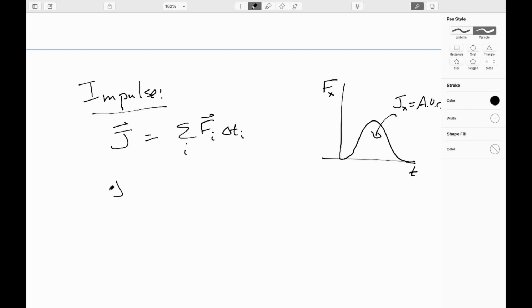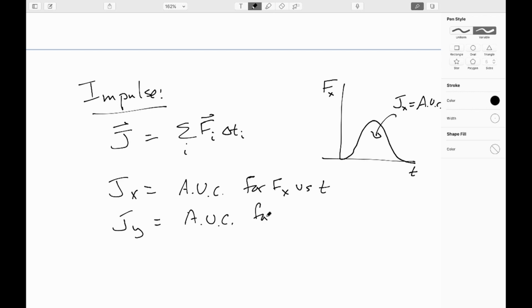More correctly for us, the x component of the impulse of something would be equal to the area under the curve in an Fx versus t graph, and the y component of the impulse would be the area under the curve for an Fy versus t graph. And yes, we could extend this to the z component as well.